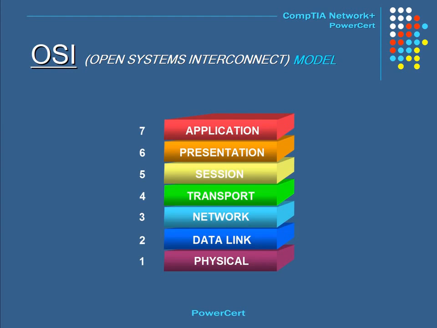It does this by breaking down this huge task of data communication into 7 different layers, giving control of the data being sent from one layer to another. These layers are numbered from 1 to 7, starting from the bottom. They are the physical, data link, network, transport, session, presentation, and application layers.